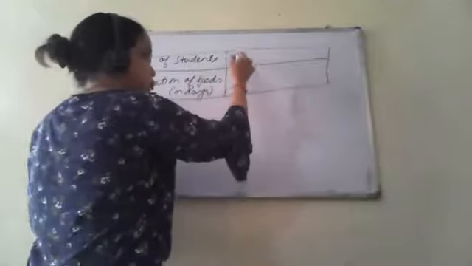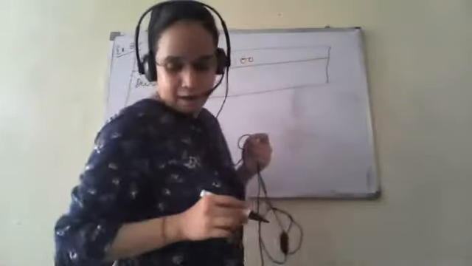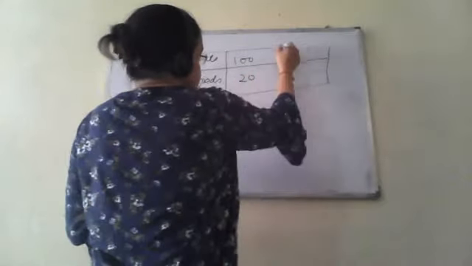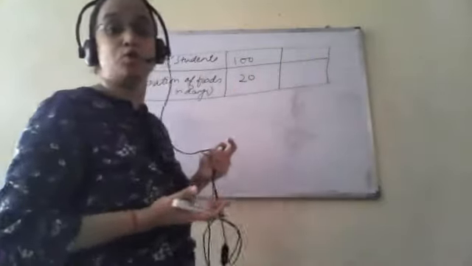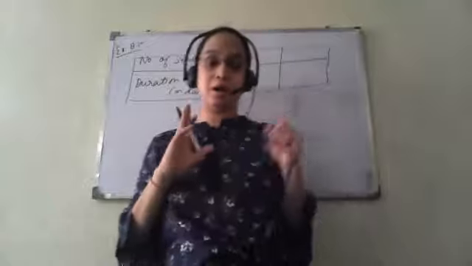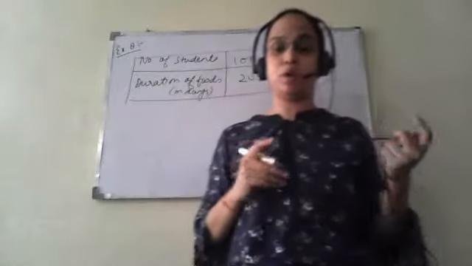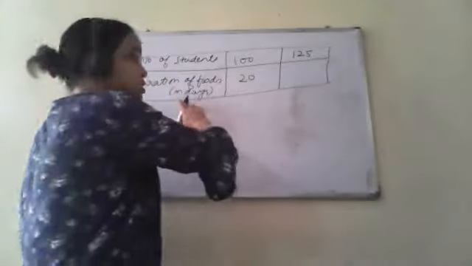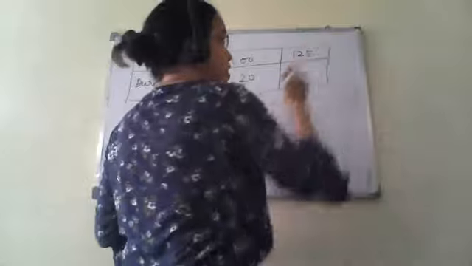So in the first case the number of students is 100 and the food was going to last for 20 days. Now 25 more students are joining. That means 100 was earlier and 25 new students have joined. So the number of students will become 125. So we have to calculate the number of days for which food will last.